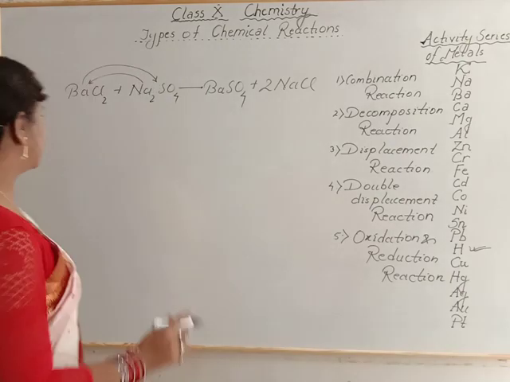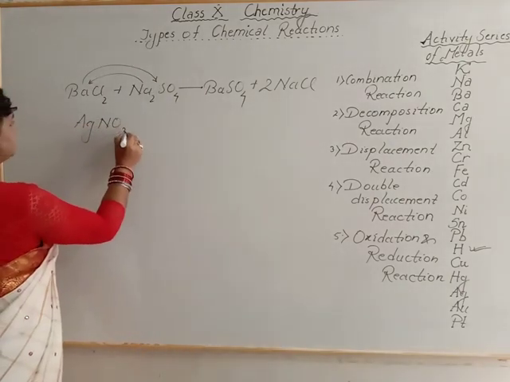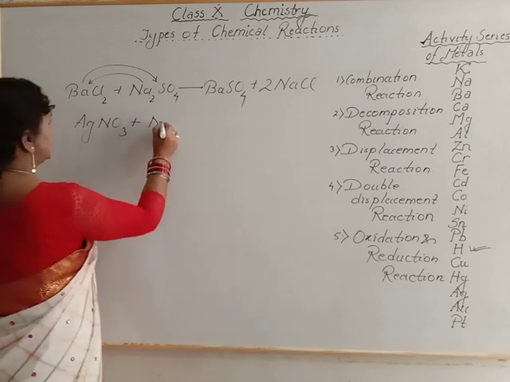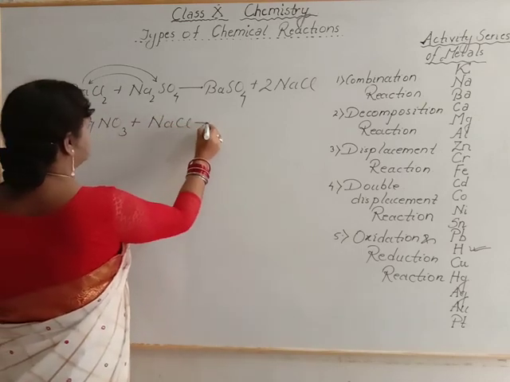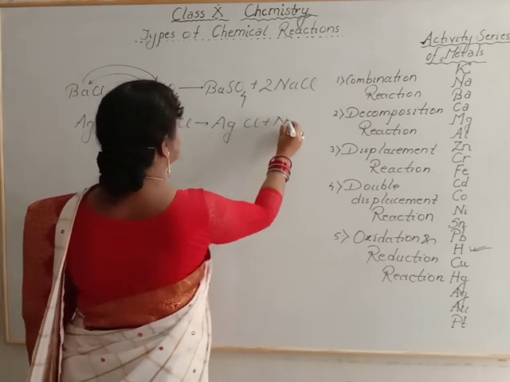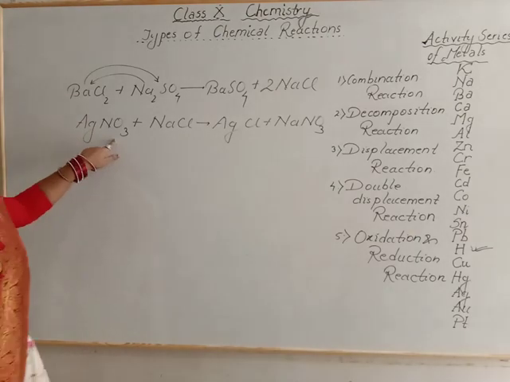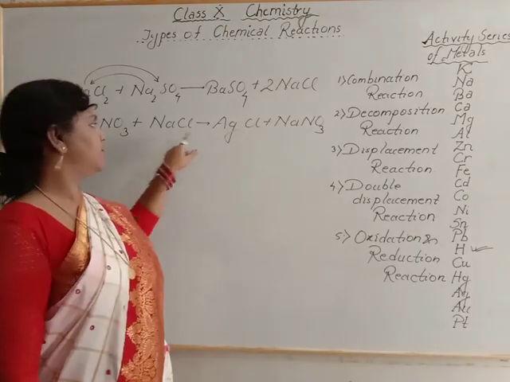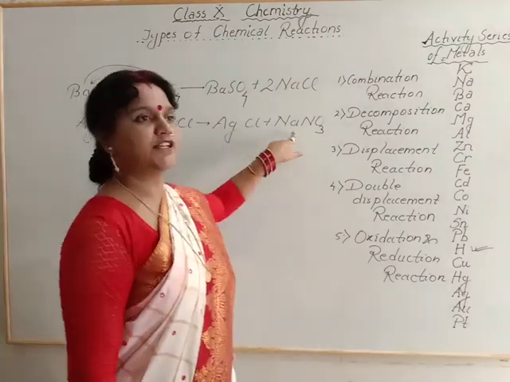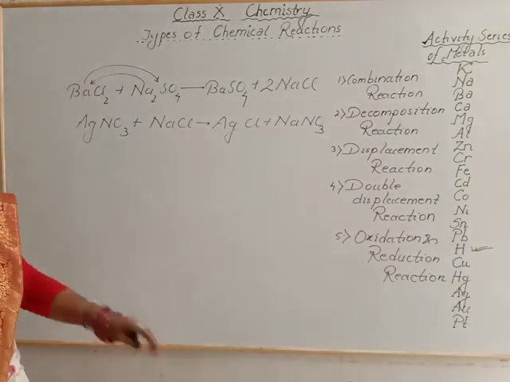Also see some more examples. AgNO3 plus NaCl gives AgCl plus NaNO3, sodium nitrate. Silver nitrate plus sodium chloride forms silver chloride and sodium nitrate. So these are the examples of double displacement.